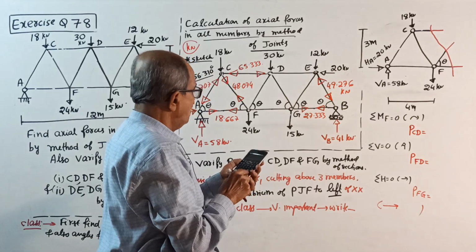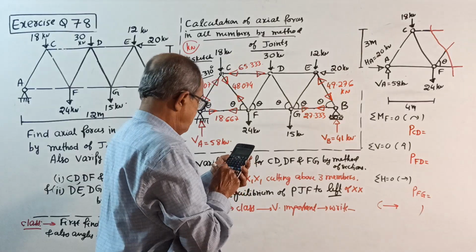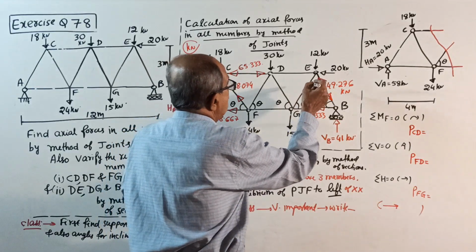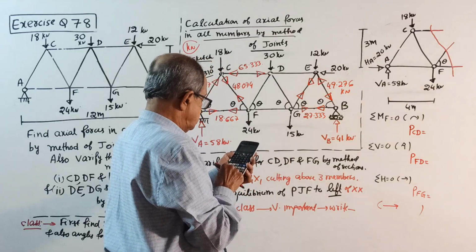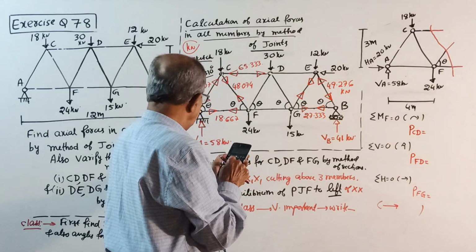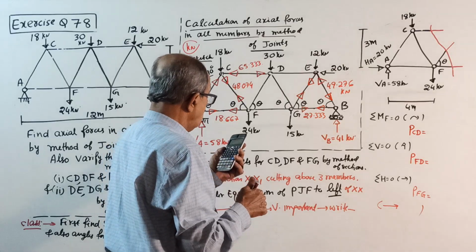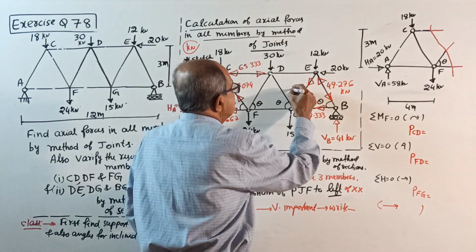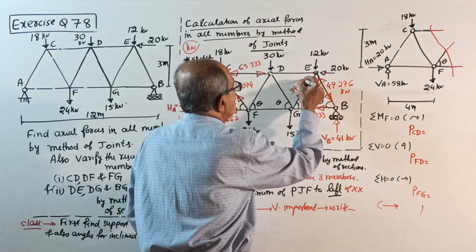I will come to that joint now. The joint is my choice. 49.276 into sine 56.31 is 41 up. So this is down. Minus 12 divided by sine 56.31, 34.854. See, I am writing here 34.854.